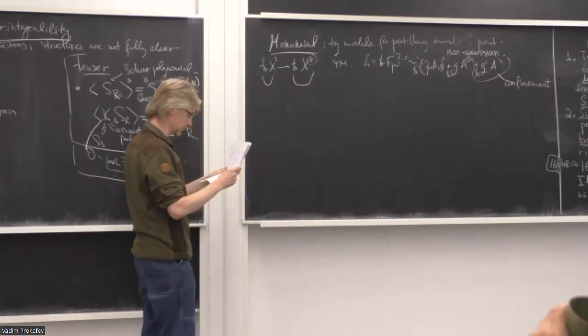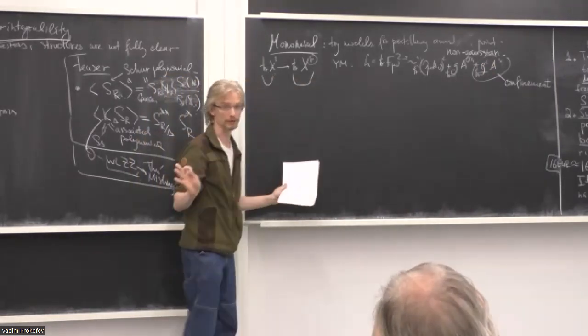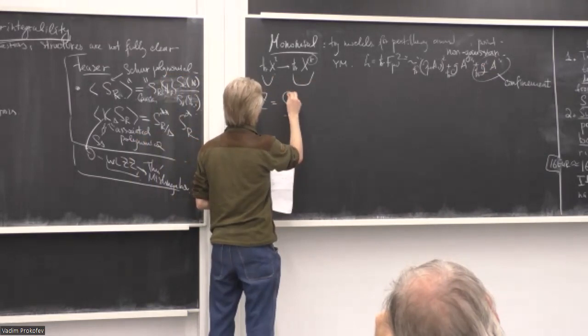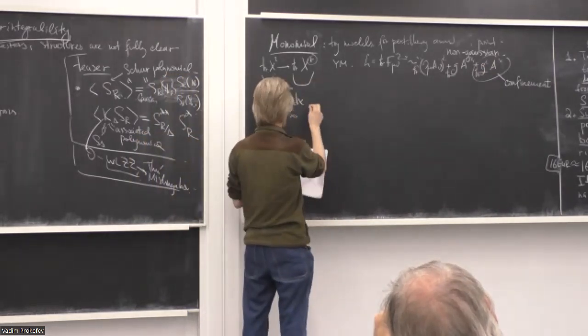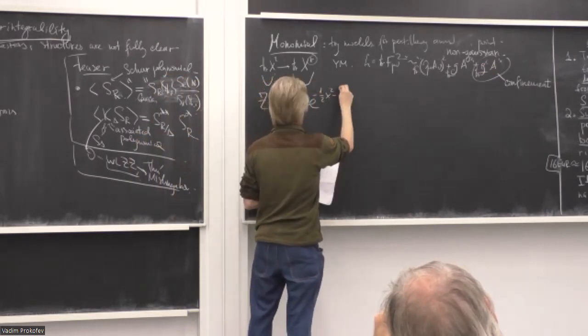And so here I have a toy model of what happens. So consider just a one-dimensional integral, from minus infinity to plus infinity of dx of e to the minus 1/2 x squared minus lambda x to the fourth.